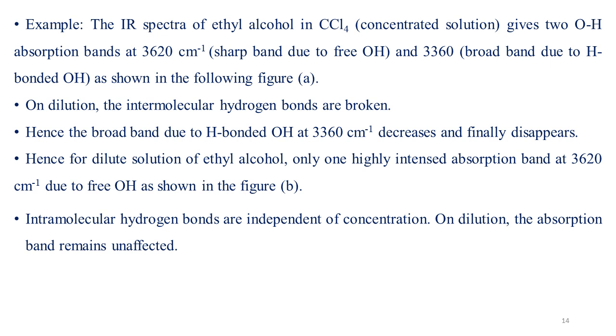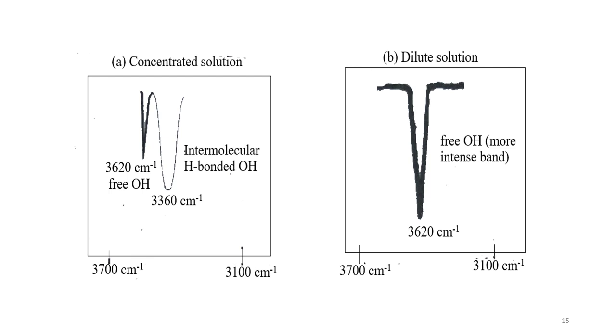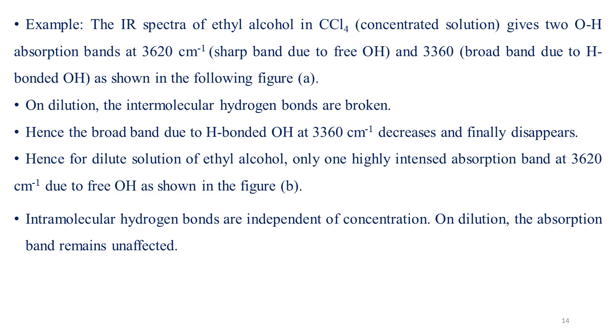So the broad band of OH at 3360 per centimeter decreases and finally disappears. So in dilute solution of ethyl alcohol, only one highly intense absorption band appears at 3620 per centimeter because of free OH. And intramolecular hydrogen bonds are independent of concentration. So on dilution, the absorption band remains unaffected. So it can be referred from the figures.